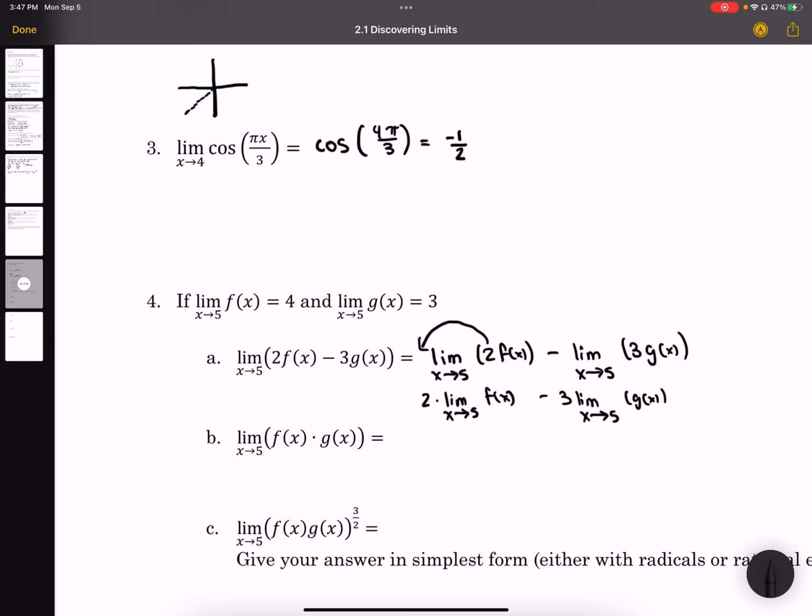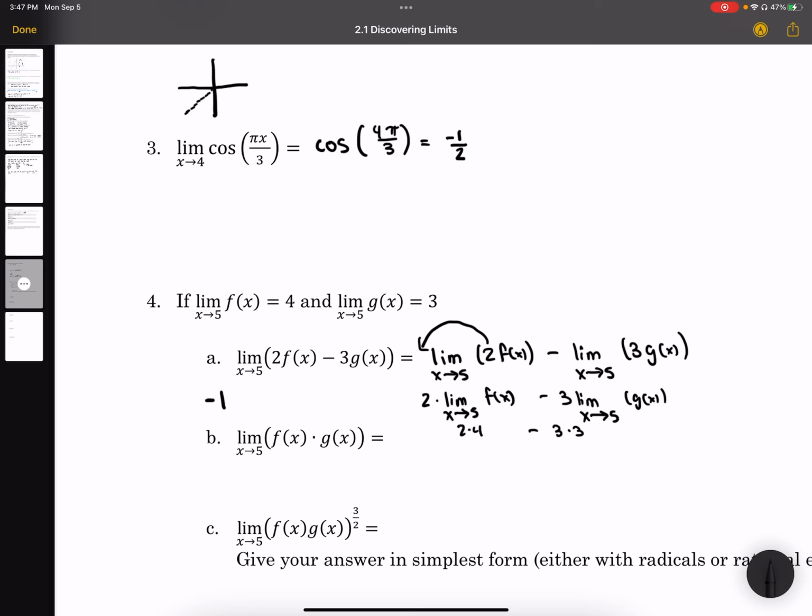Now we know the limit values are 4 and 3. So this is just 2 times 4 minus 3 times 3. That's 8 minus 9, which is -1. So that limit is -1.